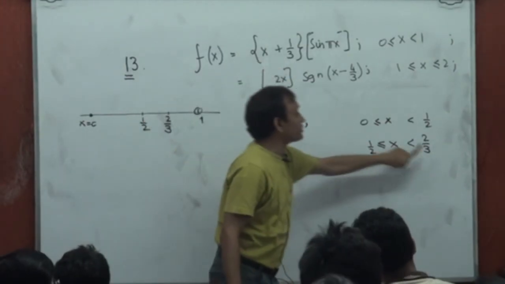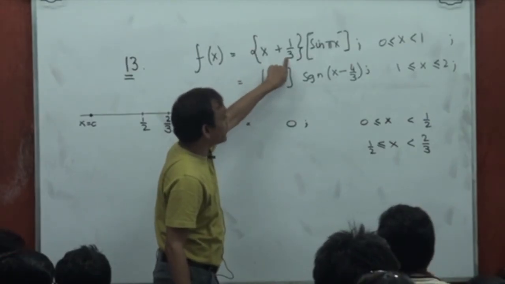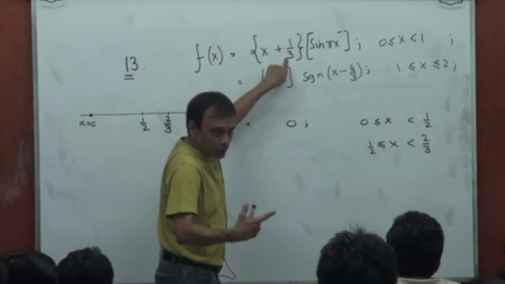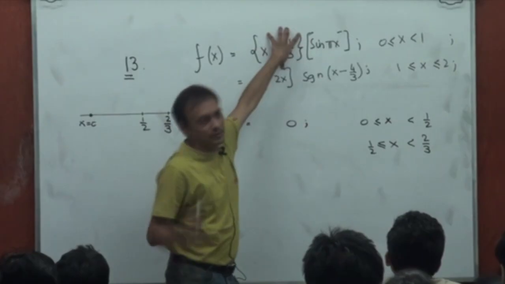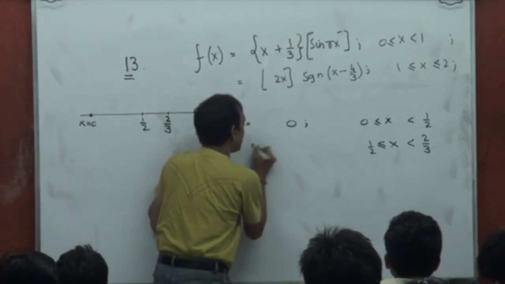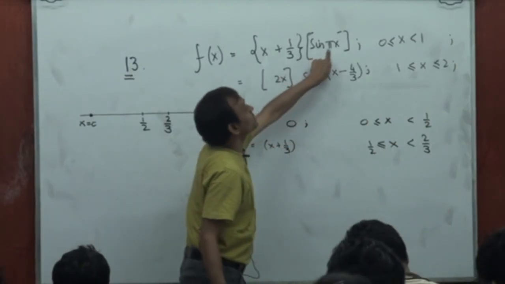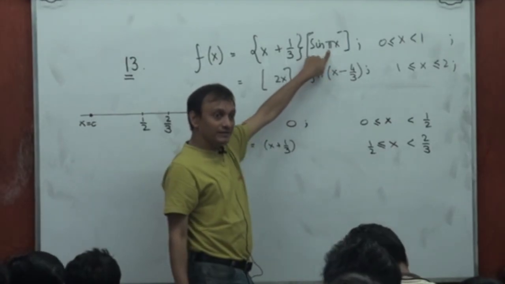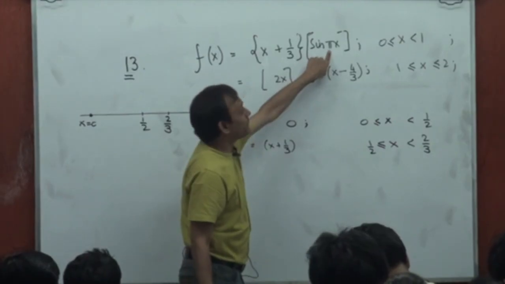When x is greater than or equal to half but less than 2/3, the quantity inside the fraction will lie between 5 by 6 and 1, not including 1. So then, since this still lies between 0 and 1, the fractional part will be the part itself, x plus 1/3, right? And this lies between pi by 2 to 2 pi by 3, right? This lies between pi by 2 to 2 pi by 3.